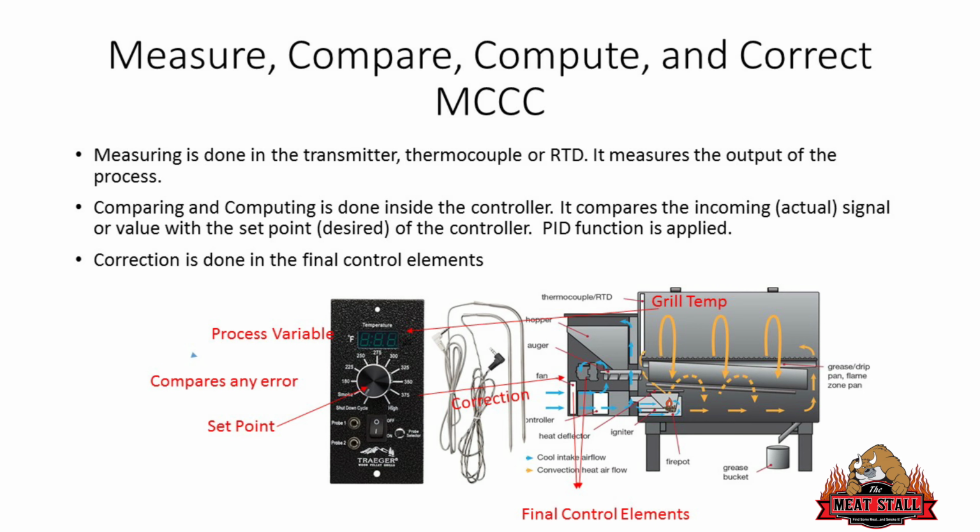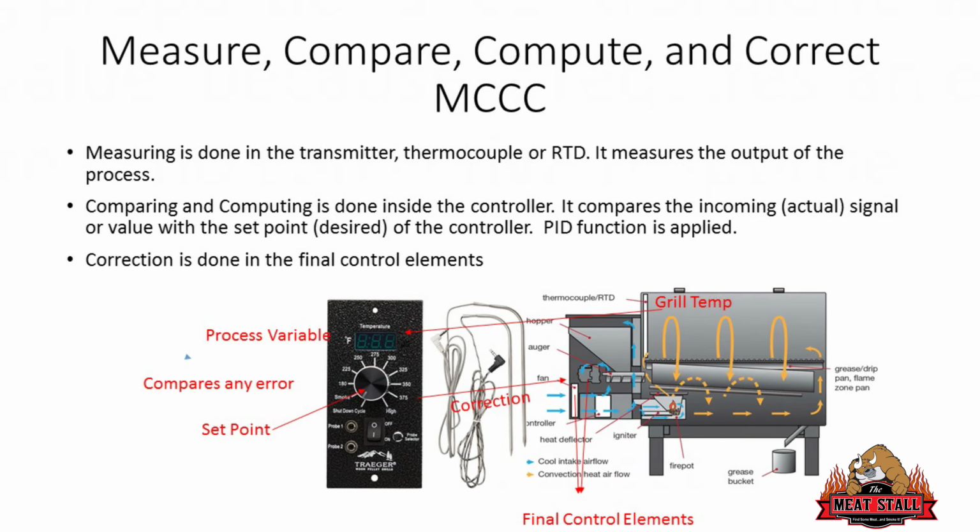Also, to have that perfect combustion, your combustion fan is going to kick in. As it kicks in, it creates more heat, your grill temp goes up, and the same process happens over and over again. But everything here is done through the PID function.